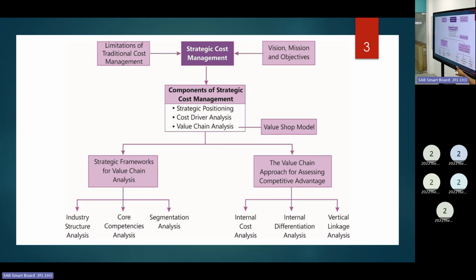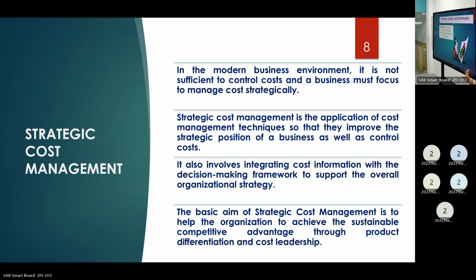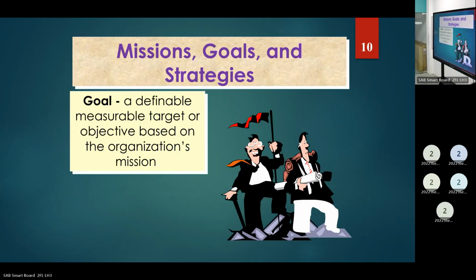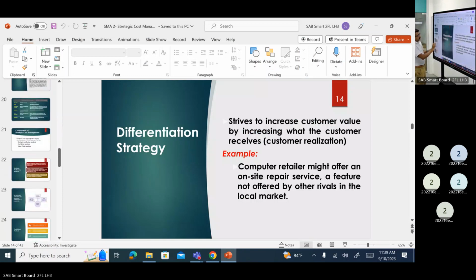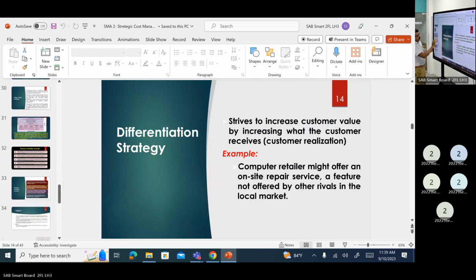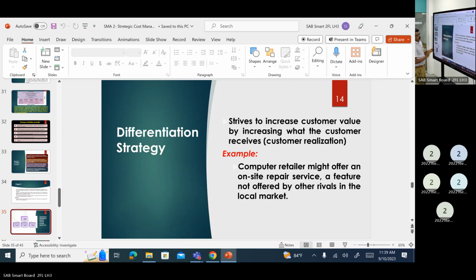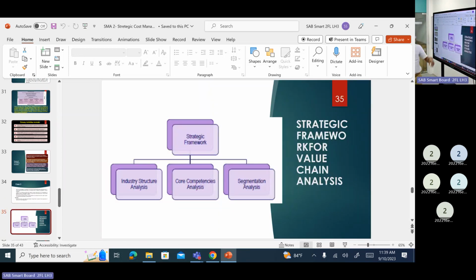So the main thing we are going to discuss next is the strategic framework for value chain analysis and value chain approaches for assessing competitive advantage. Right. So strategic framework for value chain analysis.